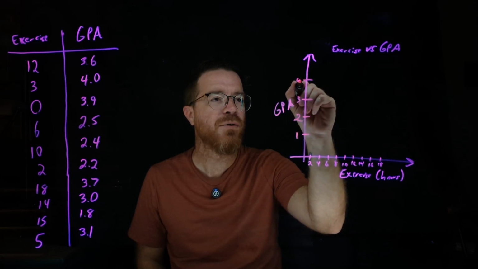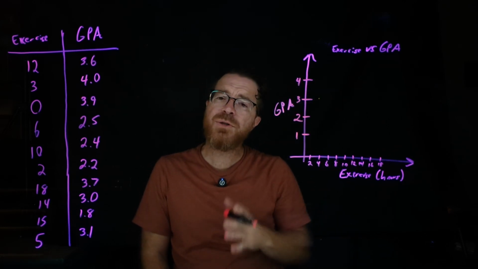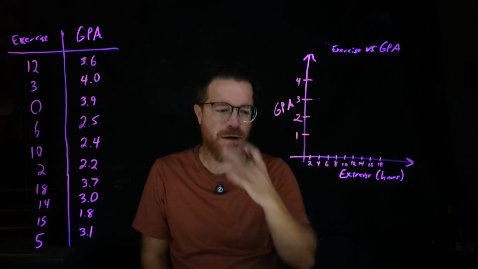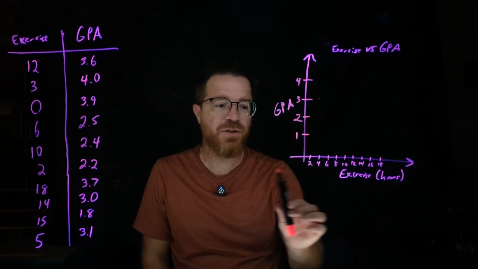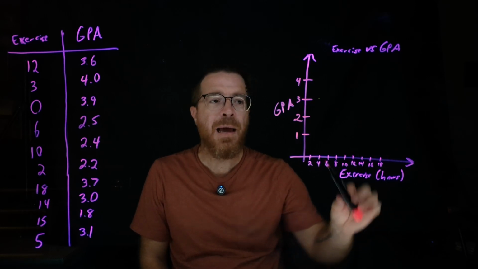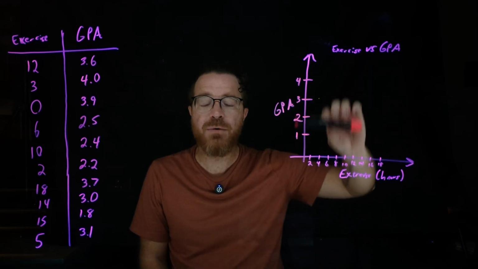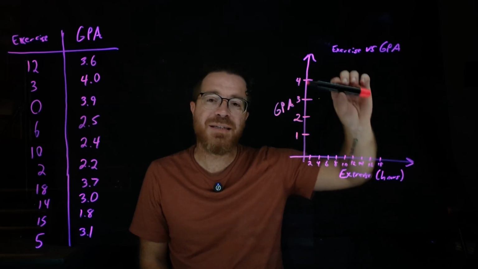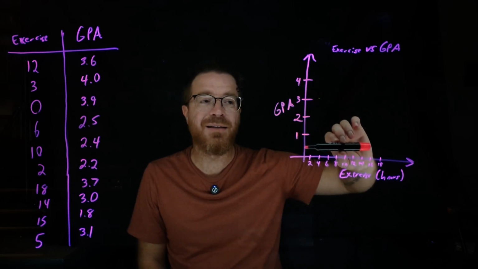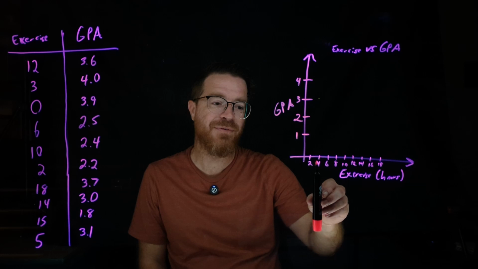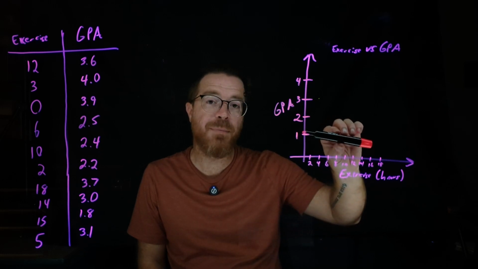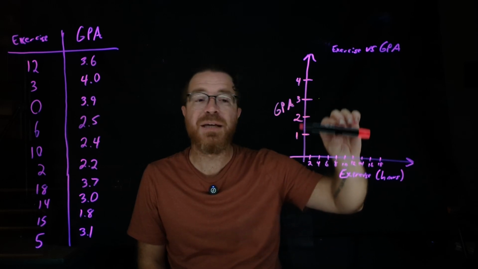3, 4. Now this is something you also need to consider when you're looking at the scale of your x and y. Because notice the amount of exercise is going to change anywhere from 0 to 18. But the GPA is only changing from 0 to 4. Meaning that we're going to see, because of the way I drew this, a lot bigger jump. Going from 1 hour of exercise to another is half of this little interval here. Going up by a whole GPA value is quite a jump.